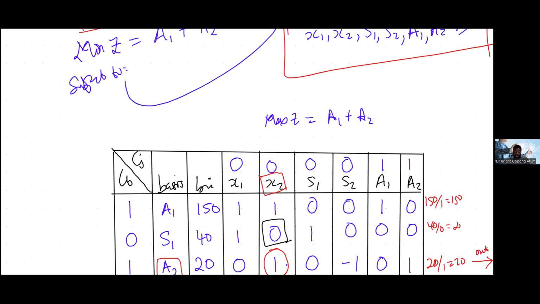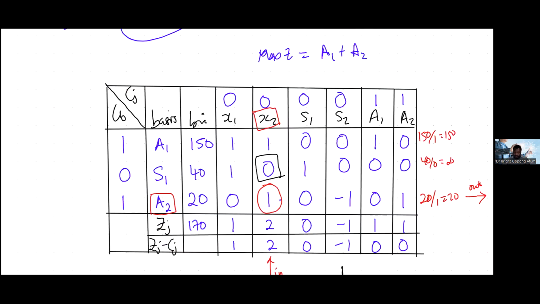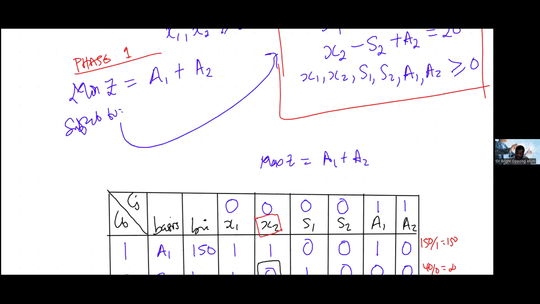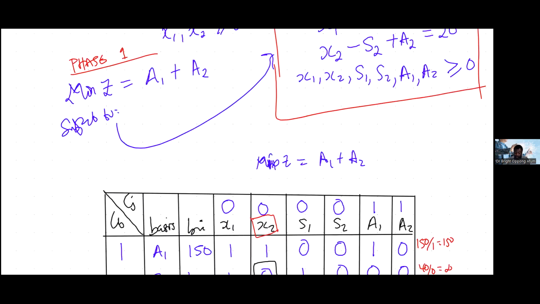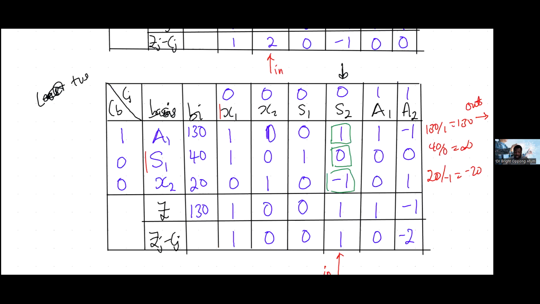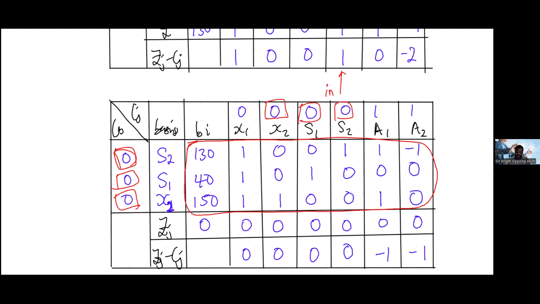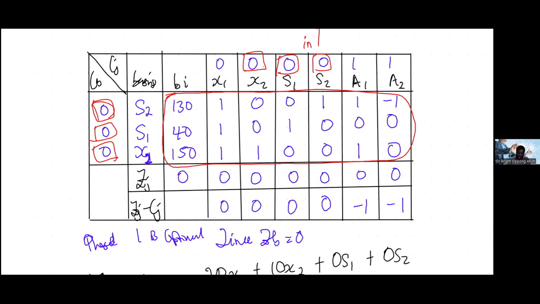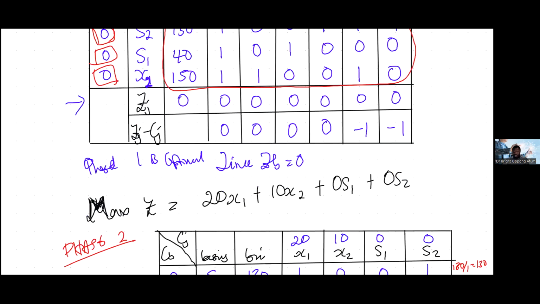We solve the minimization, minimizing Z. And when Z is 0, that means that we can find an optimal solution, so the solution is feasible.